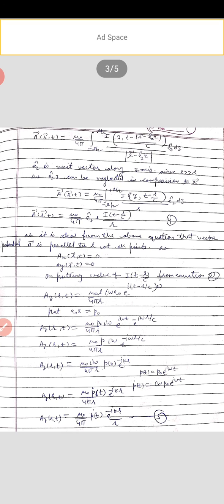And if we put q0 L = p0, then we can write Az(r,t) = μ0/4π · p0/r · iω e^(iωt) e^(-iωr/c), and the equation becomes Az(r,t) = μ0/4π · (1/r) p iω e^(-iωr/c).